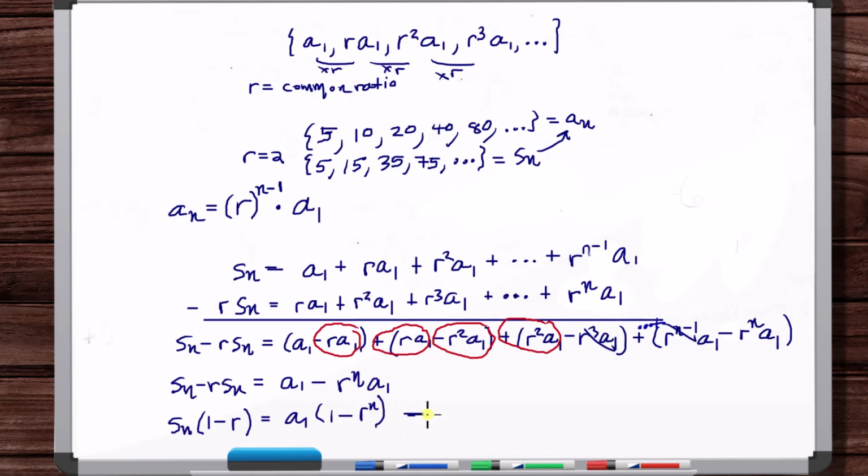So we get a sub 1, 1 minus r to the n over 1 minus r. So that is, if you have a geometric sequence and you want to find the sum of the first 100 terms or whatever, you can just plug it into this formula.